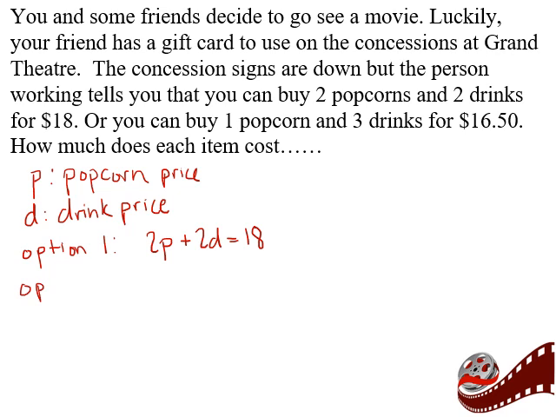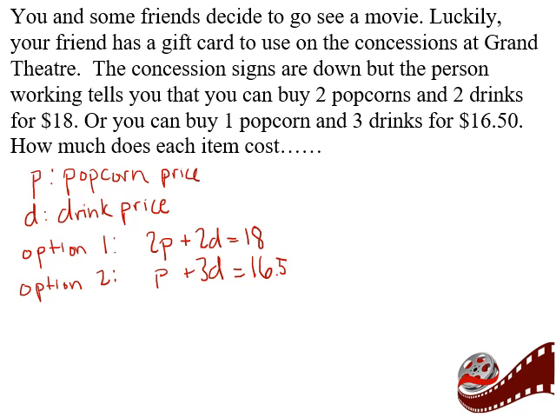My second option was that I could get a popcorn and 3 drinks for $16.50, and I'll just write that as 16.5. We want to leave the notation as easy as possible.